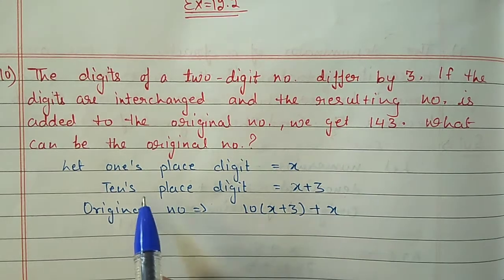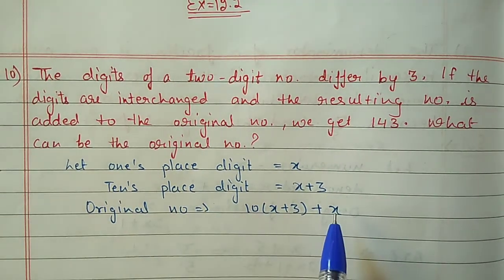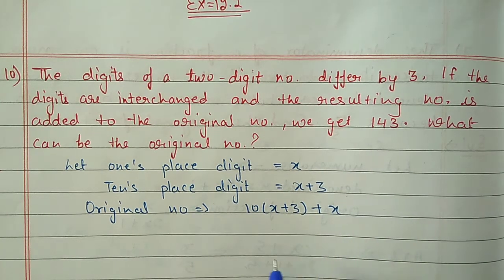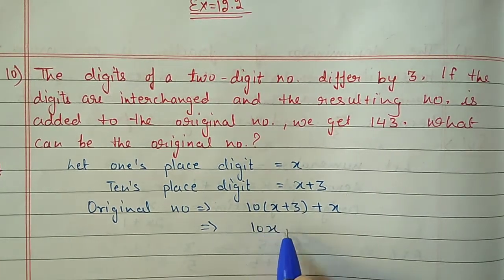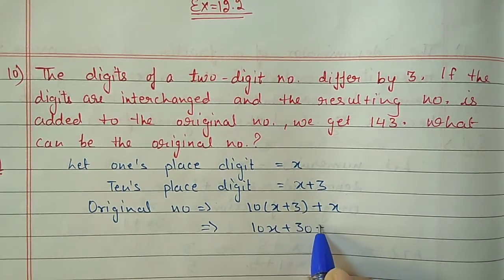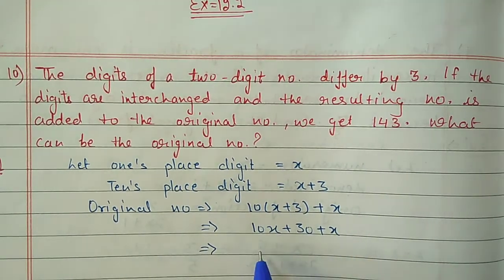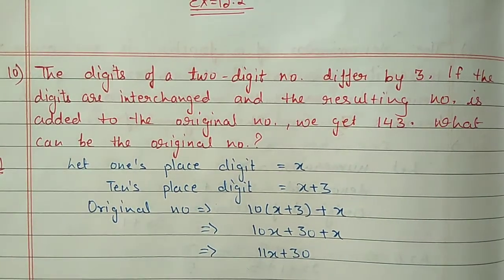So always remember the tens place we have to multiply with 10, the ones place as it is because we have to multiply with 1, so no need to write into 1. If you expand it you will get 10x plus 30 plus x, and simplifying a little more, 10 plus 1, 11x plus 30. So this is our original number.